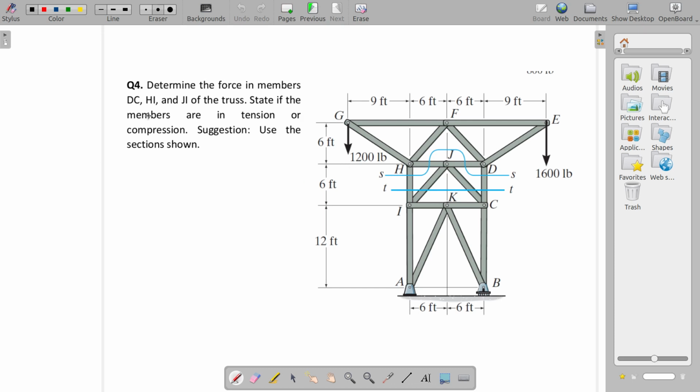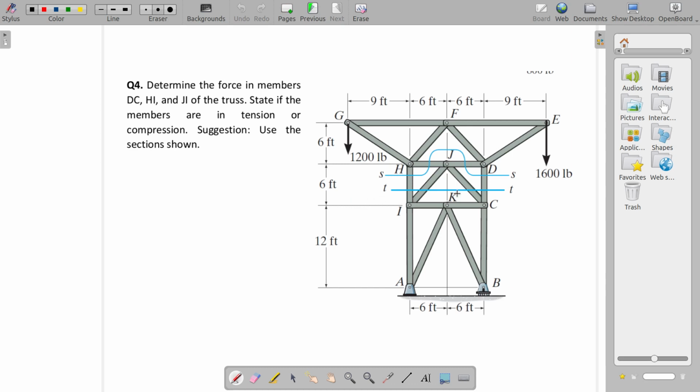So you have to calculate DC, HI and JI. Those are the 3 members you need to calculate.